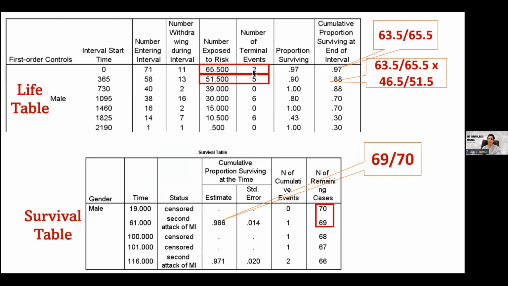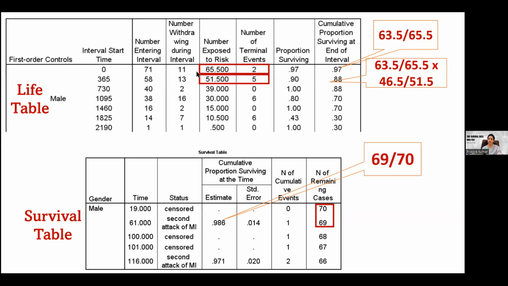But proportion surviving, this will be the 63.5, because you will remove this 2 from the numerator. So the proportion surviving will be 63.5 by 65.5. Similarly, this is for a period. So the first one you are calculating for 0 to 365. The second you are calculating for 365 to 730, means for a 1 to 2 year period.